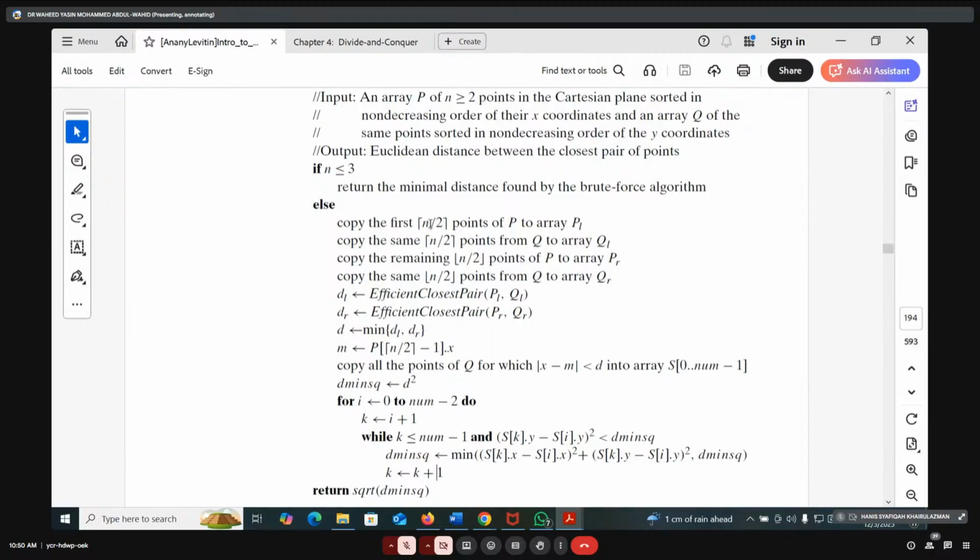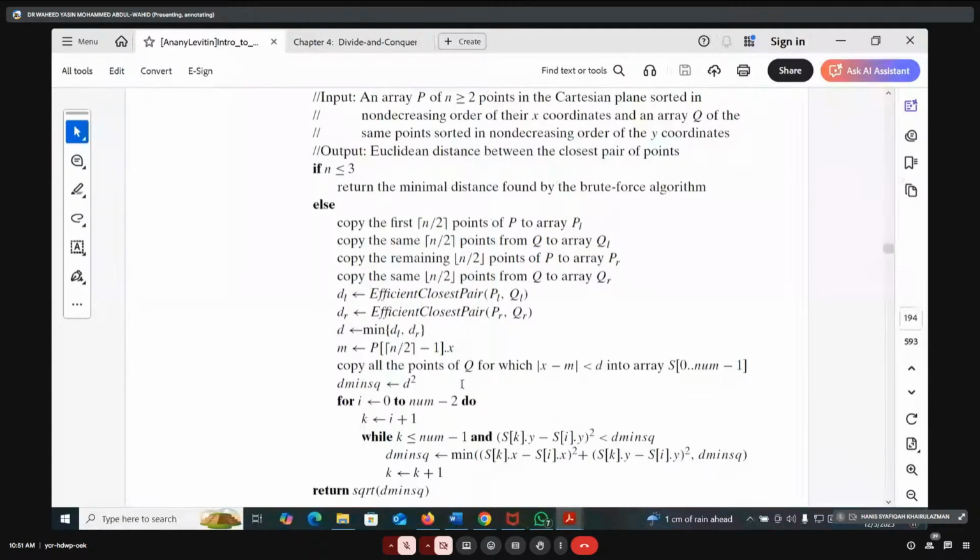Else, here we differentiate between P left and P right. D left is efficient closest pair of P left, Q left. D right equals efficient closest pair of P right, Q right. And here we have the minimum of D, D left, D right.